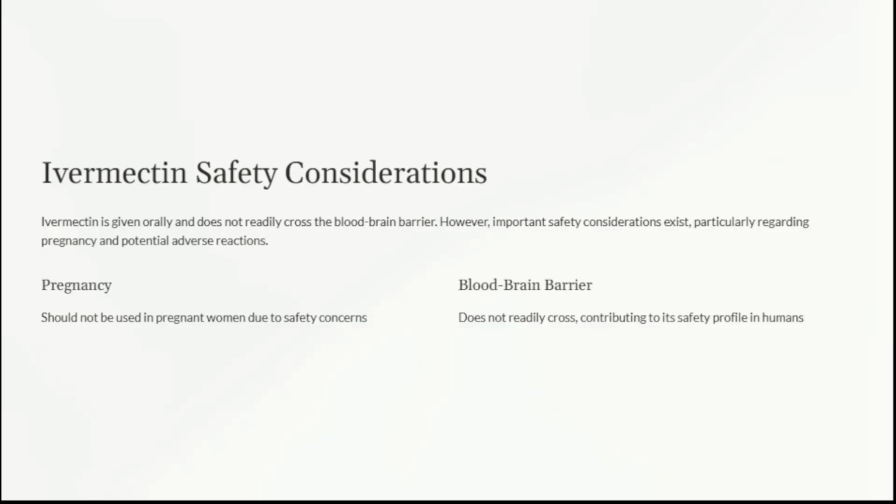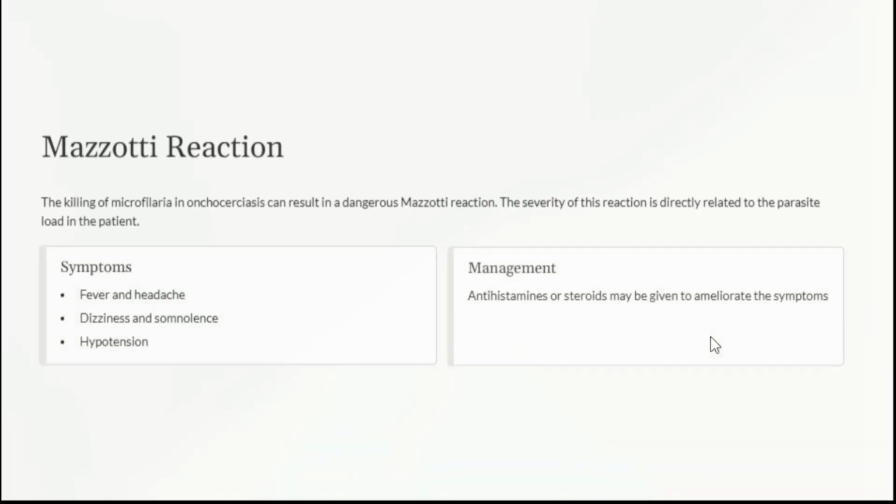It is also not approved for children under 15 kilograms or infants due to the risk of neurotoxicity. In mild to moderate liver or kidney disease, no dose adjustment is needed. Patients on multiple medications typically have few drug interactions with ivermectin, but we always review concomitant drugs to avoid unexpected CNS depression.